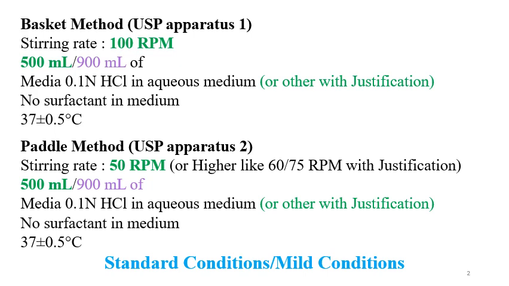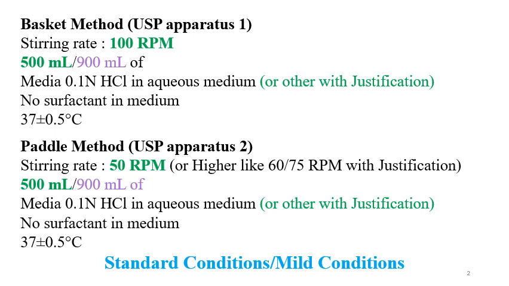The logic behind these standard conditions is that if you increase the rpm or if you increase the media volume, then the dissolution test may become under-discriminatory and there will be loss of discriminatory power.